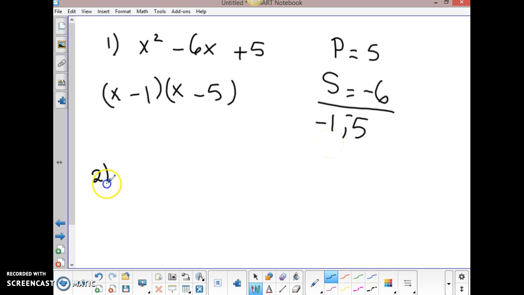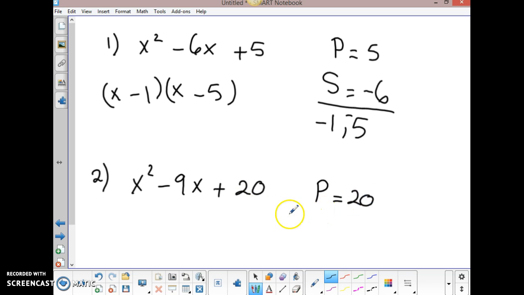Let's take another example. If we have x squared minus 9x plus 20, again, you are looking for 2 numbers. Their product is 20, and their sum or difference is negative 9.